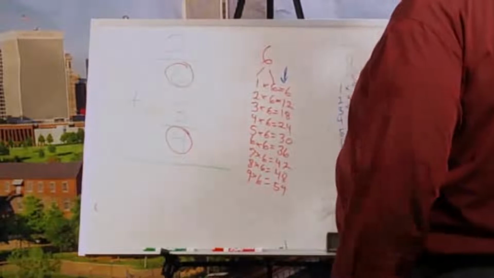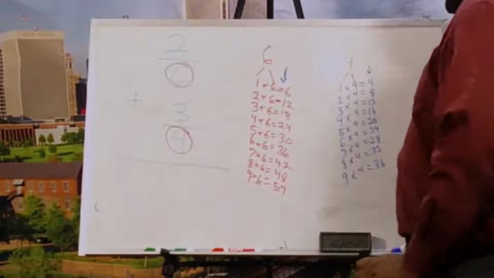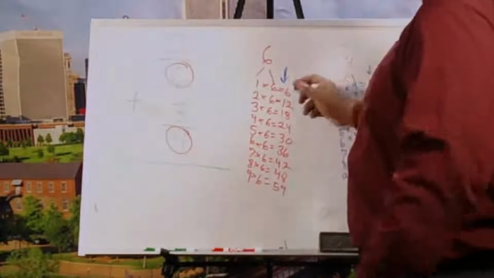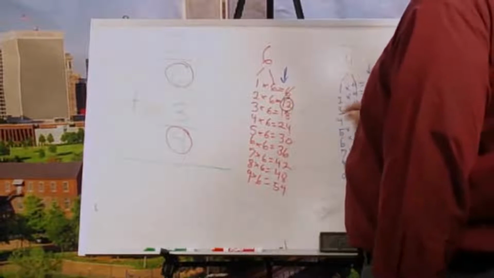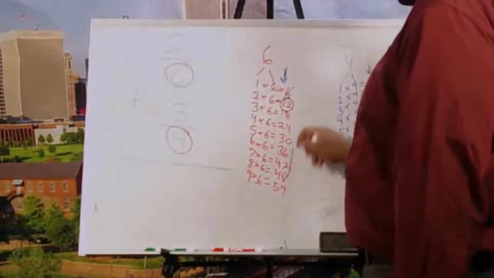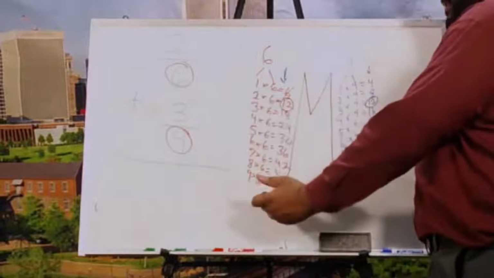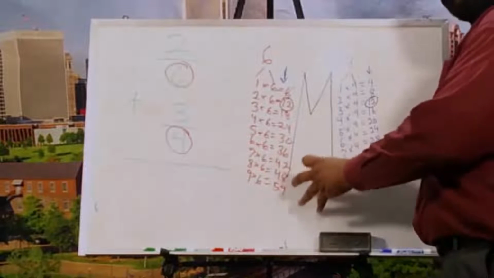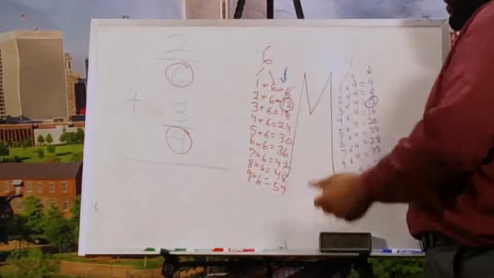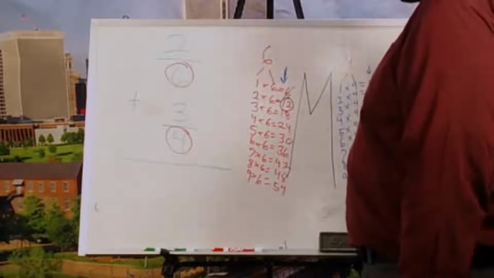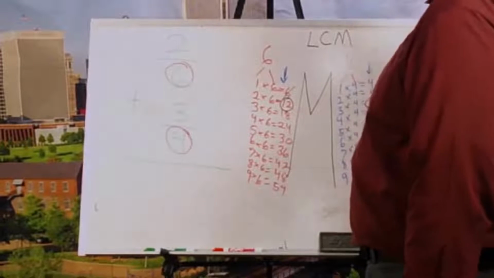All right, we're looking at our answers right here. So let's take a look at the answers. Is there a 6 over here? No. Is there a 12 over here? Yes. Oh, I forgot my M. On this side of the M, you have this set of pick and choose charts. This is nothing but a graphic organizer. Over here, you have your other set of pick and choose charts. And right here in the middle, one of my goals is to find my least common multiple.